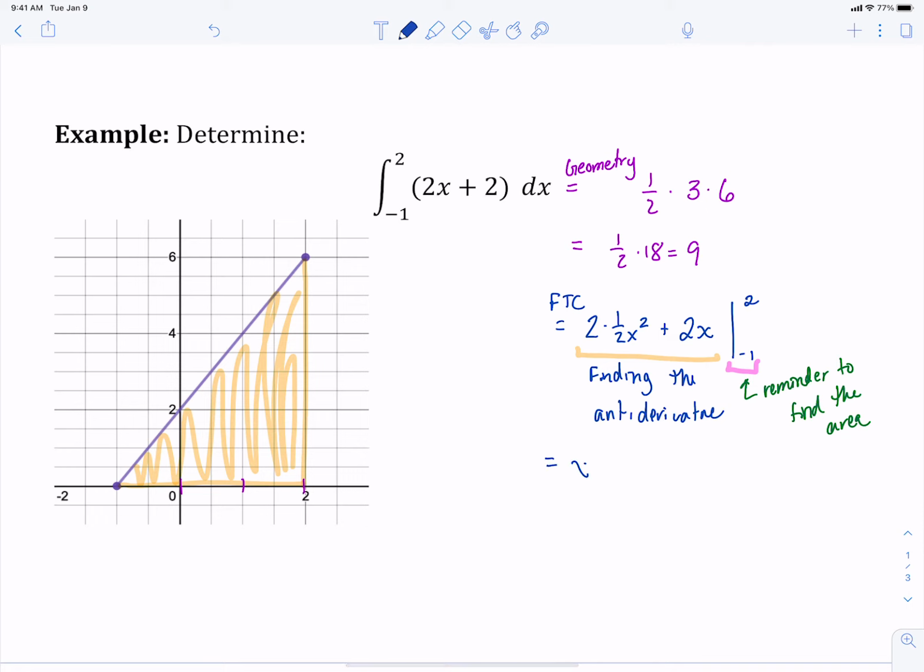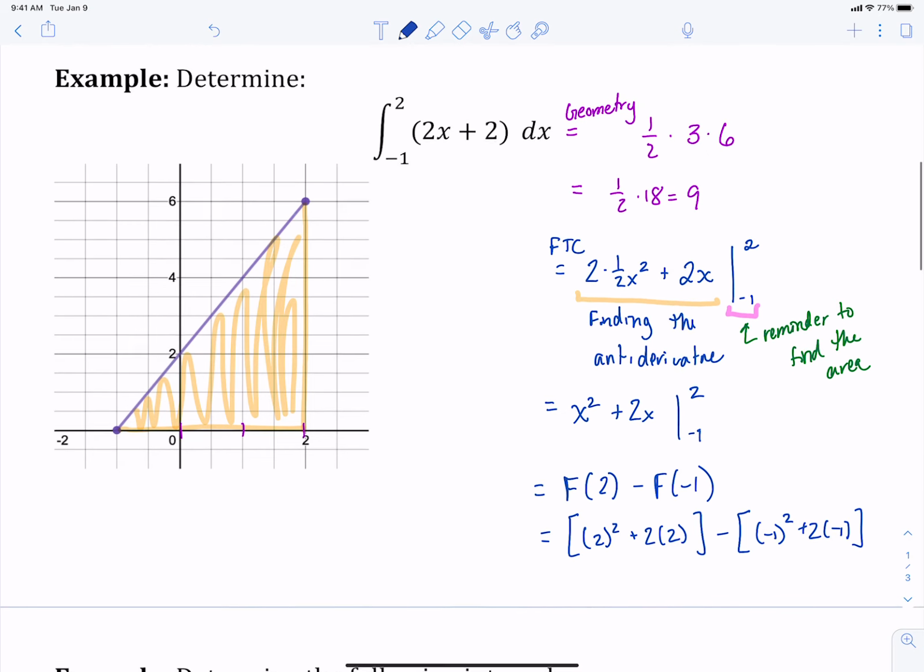So what do we get? We've got 2 times 1/2, that's just going to be x squared plus 2x. That's our antiderivative. And so we're going to do F of b, which is 2, minus F of a, which is 1. I'm being kind of overly dramatic about plugging these numbers in so that it's really clear what we're doing here.